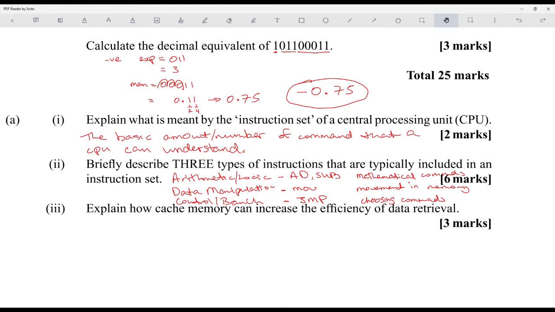Explain how cache memory can increase the efficiency of data retrieval. You basically have 3 points, so it should be the first one.